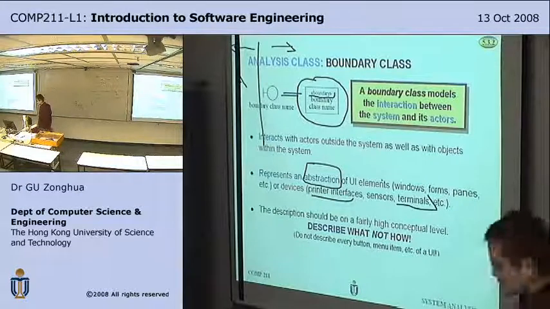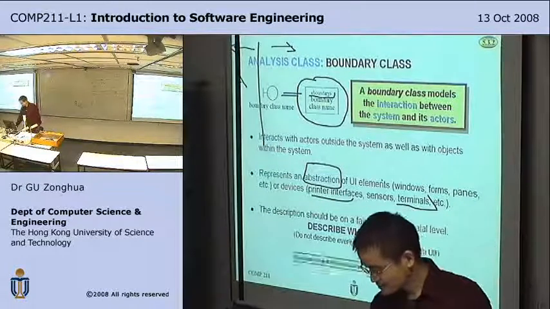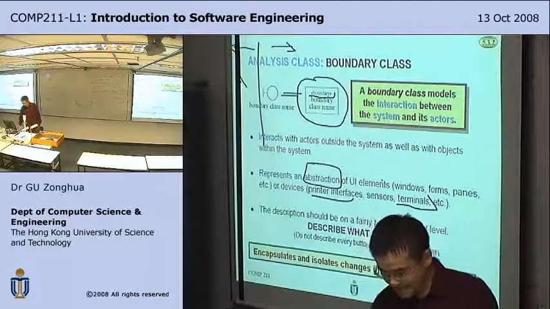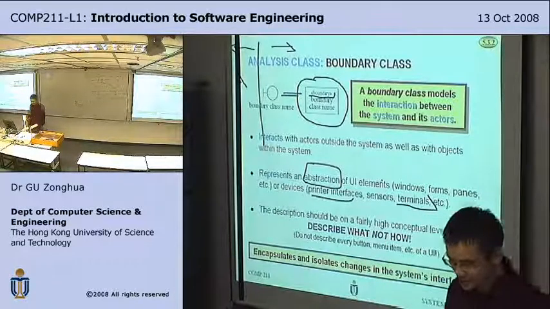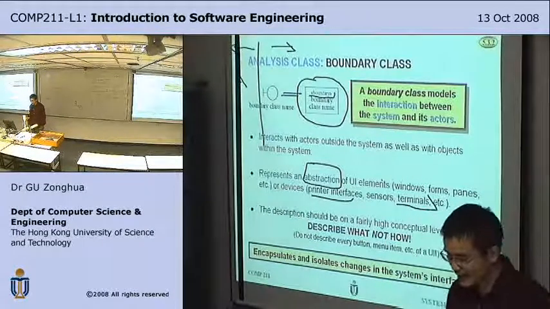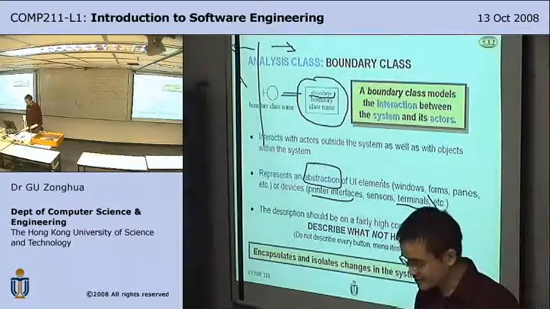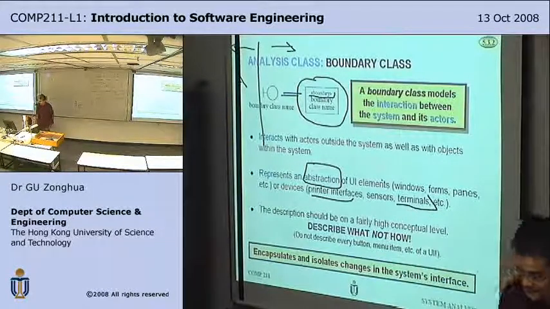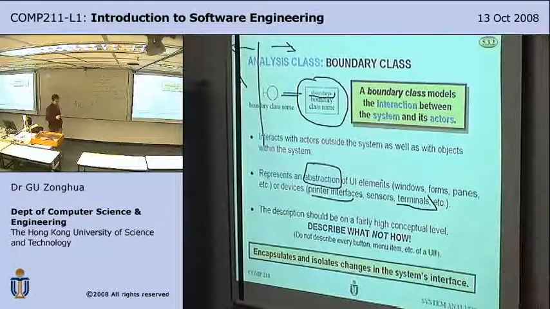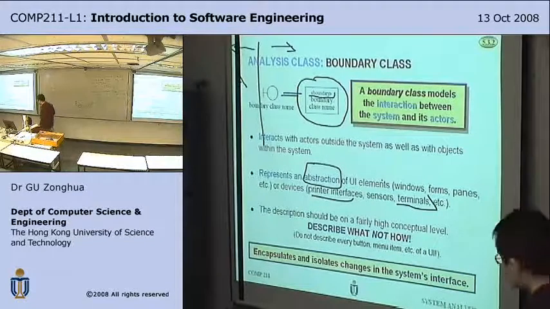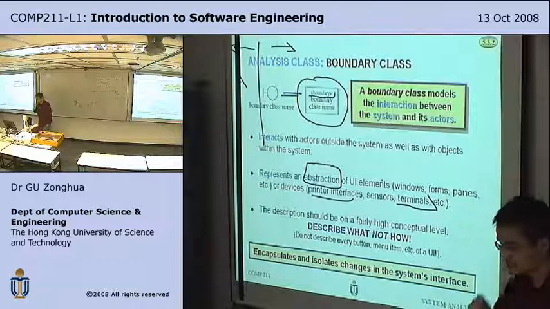So the purpose is to isolate, encapsulate changes in the system's interface. So including user interface if the actor is a user, or communication interface if the actor is an external system.